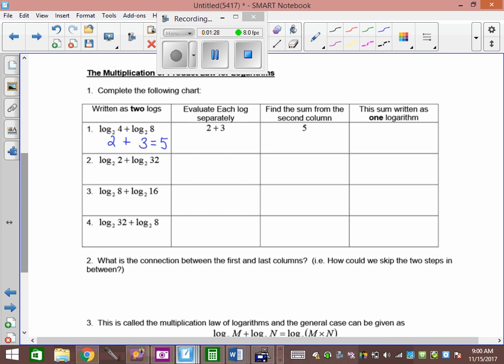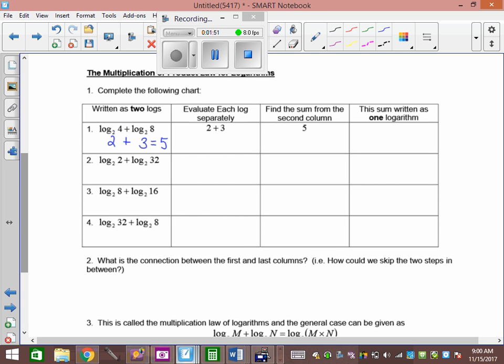Okay, so logs with the same base, and we have numbers beside them with a plus sign. If we just added them, we'd get log base 2 of 12. Does that give you 5? 2 to the 5 is 12? No, it doesn't make sense. What could I do so that if I put them together, it would get me 5?